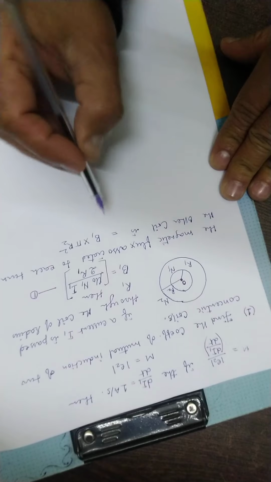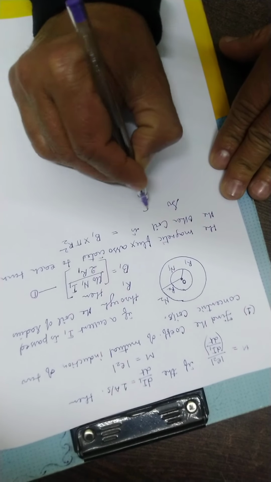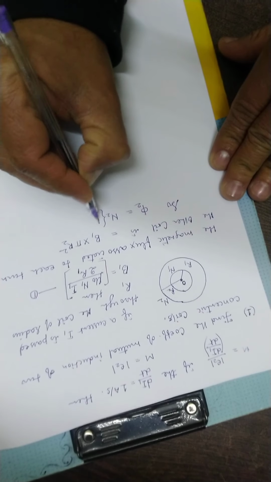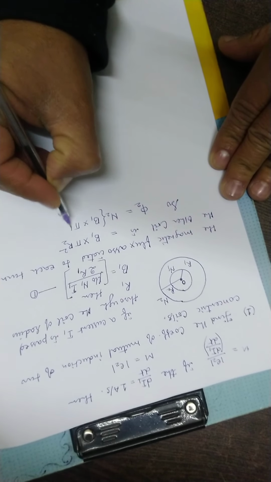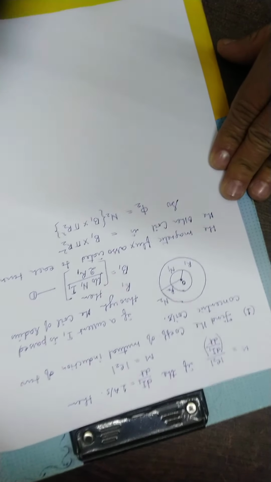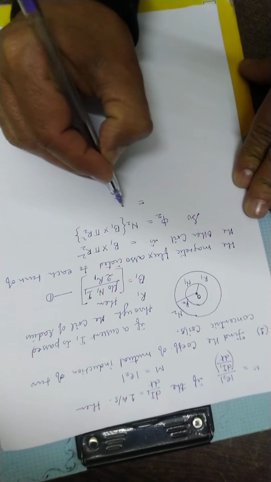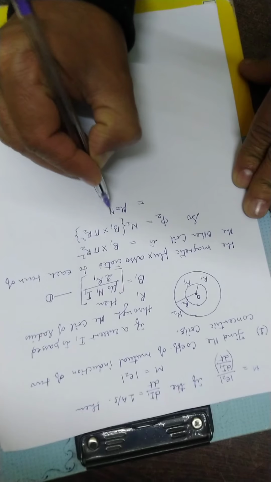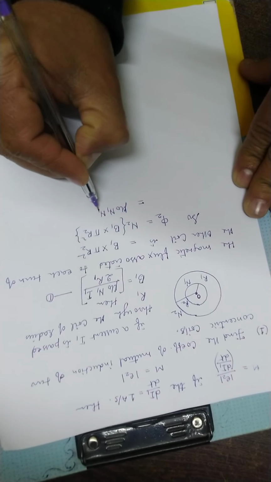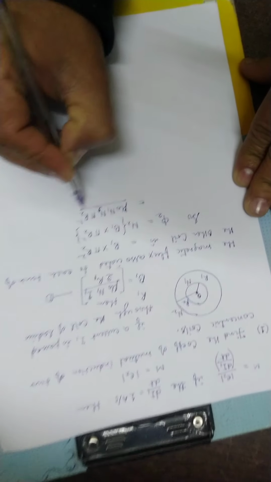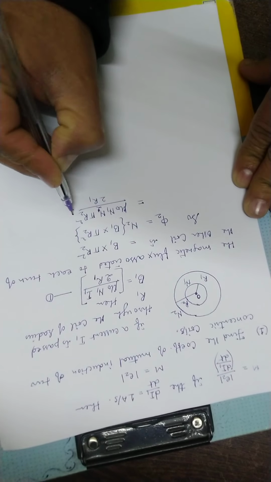Since there are N2 turns, I can say the total flux associated is N2 multiplied by B1 into pi R2 square. I will put the value of B1, so I shall get mu naught N1 N2 pi R2 square upon 2 R1 into I1.